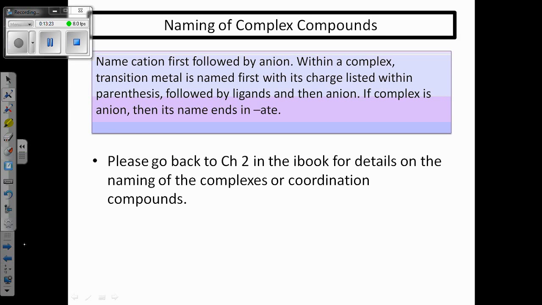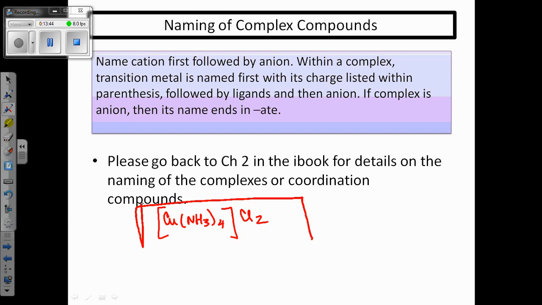Now, naming complex compounds. What are complex compounds? Complex compounds are complex-looking compounds, or coordination compounds. For example, something like Cu(NH3)4Cl2.